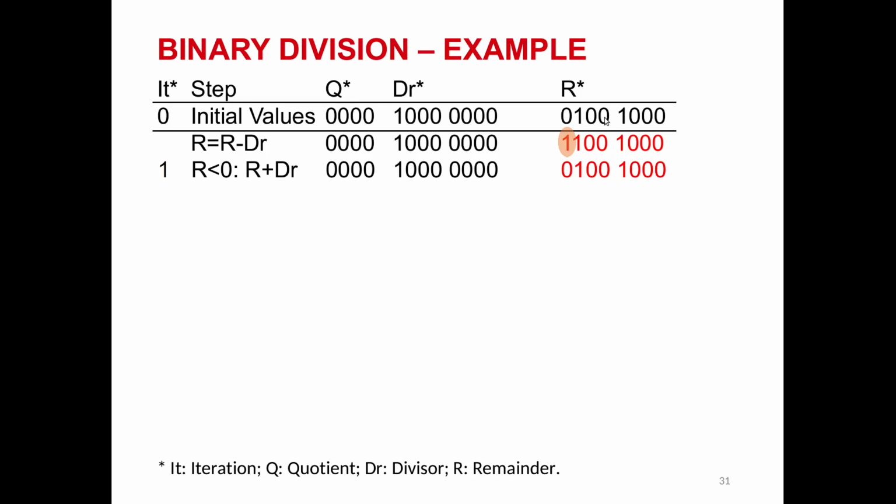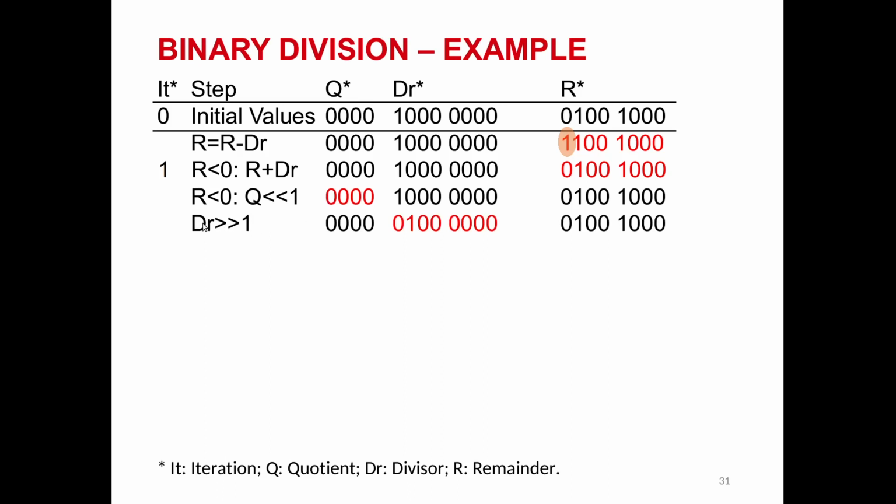At that time we also know that the result for the first bit of quotient will be 0. I'm sorry, and so we put 1 bit of 0 here and shift everything in quotient 1 bit left.